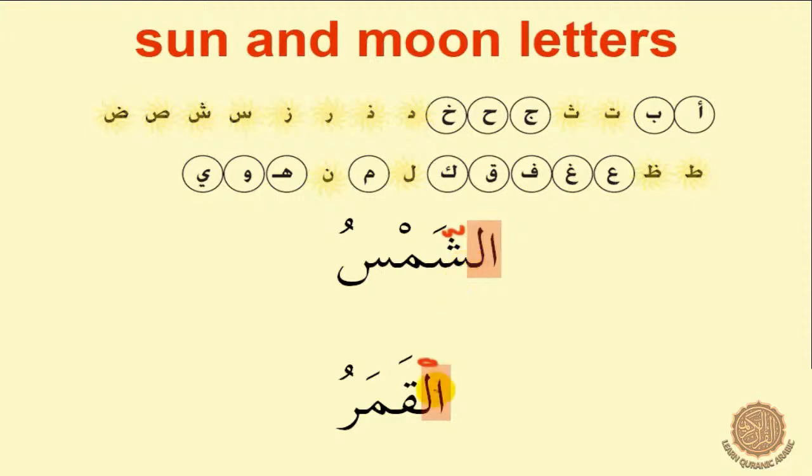However, with Al-Qamar, there's no issues with that. And that's because the articulation point of the Lam and the Qaf are far apart. So the Al is where the teeth and the tongue come together, and the Qaf, Aq, comes from the throat, which is far from the articulation point of the Lam.